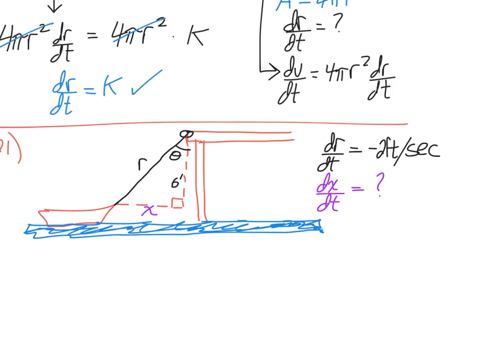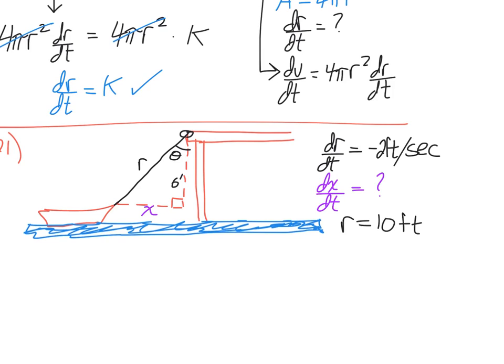When approaching the dock, when 10 feet of rope are out. They're telling us that when we freeze frame, R would be equal to 10 feet. They gave us a particular Y value, well, what I would call Y if I needed to, that vertical little segment there.